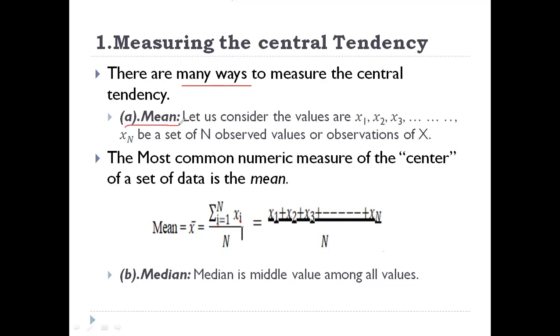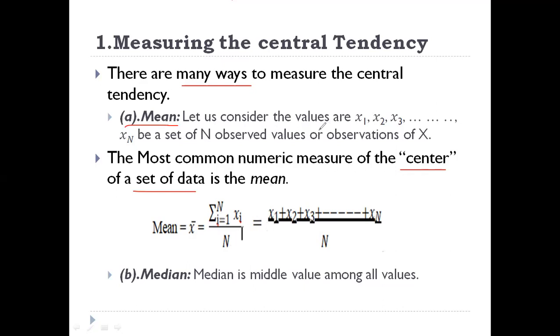By using the mean, we can calculate the central tendency of the data. And what is the mean? Mean calculates the center of a set of data. What is the center point of the set of data? We can calculate it by using the mean formula.